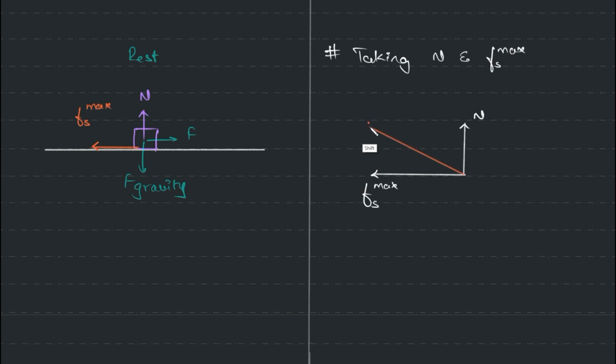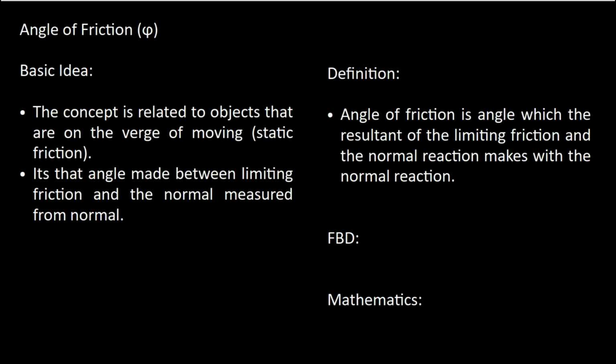By the parallelogram law of vector addition, the angle made by the resulting force, the resulting force is the square root of N squared plus Fs max squared. The angle over here is represented by phi. That's your angle of friction.